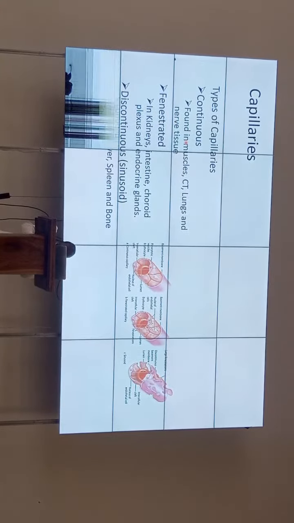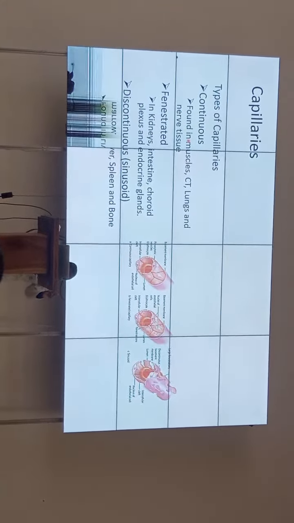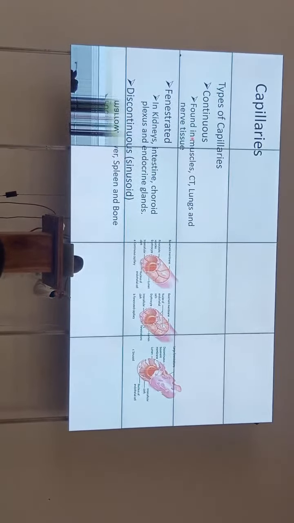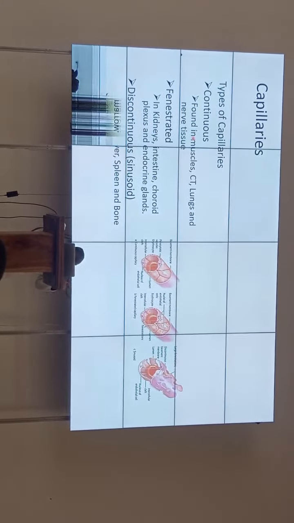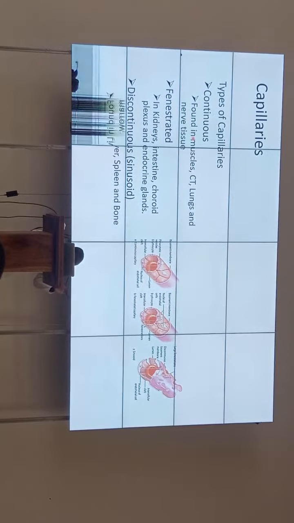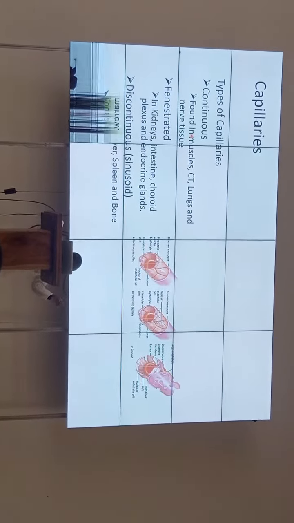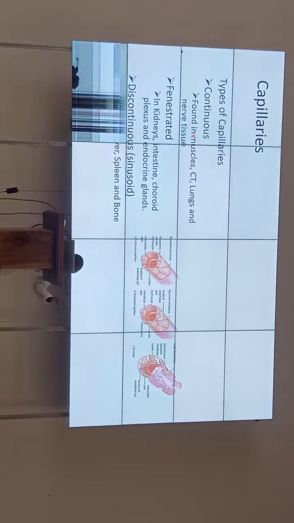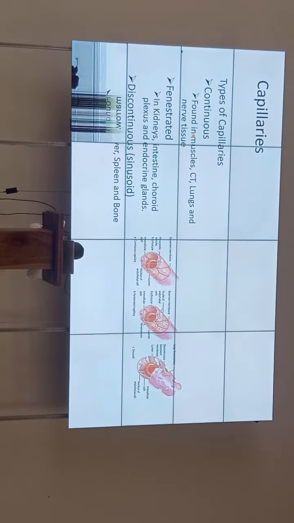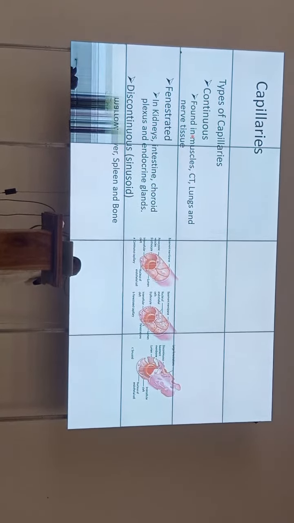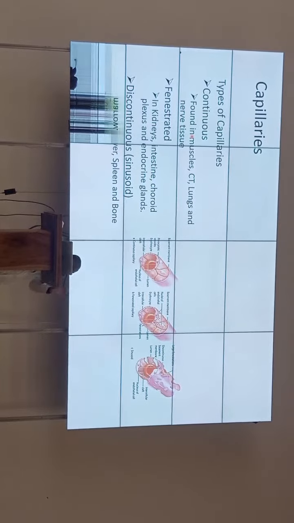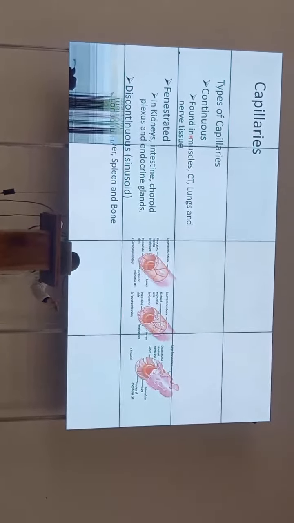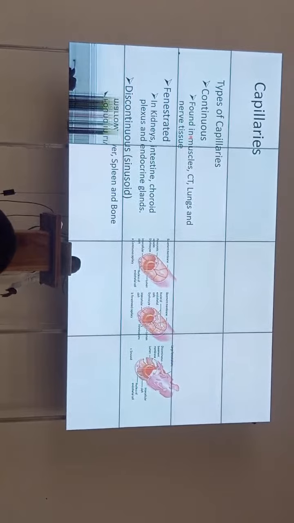All right. So, having said that the capillaries are only made up of the endothelium with its basement membrane, we are going to differentiate these capillaries based on their structure of the endothelium and the basement membrane. Is that clear? So continuous capillaries have an intact endothelium and an intact basement membrane.